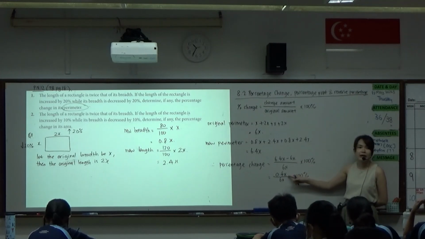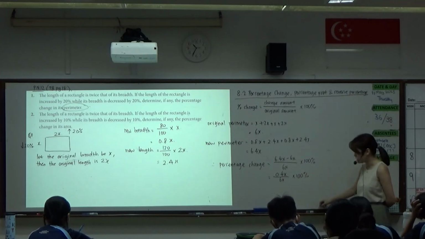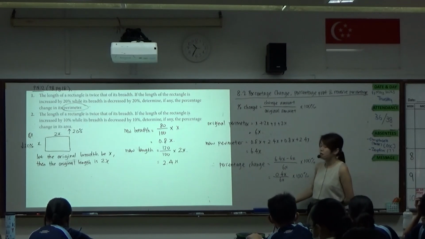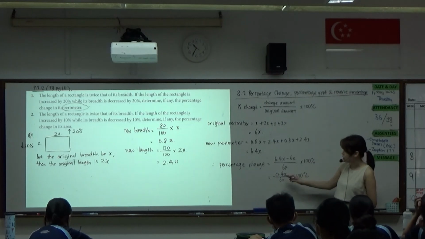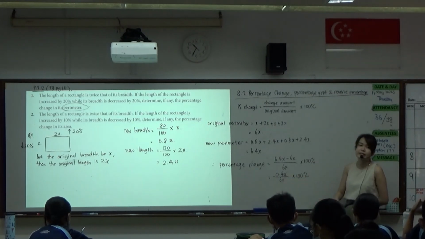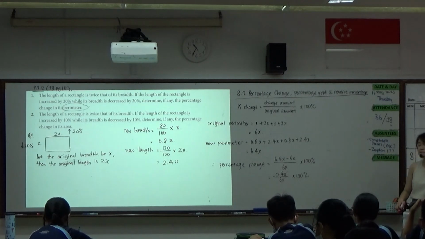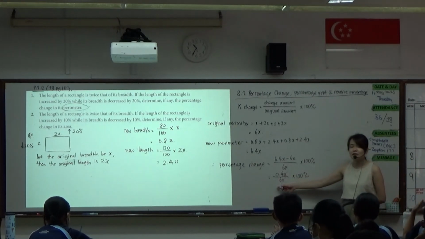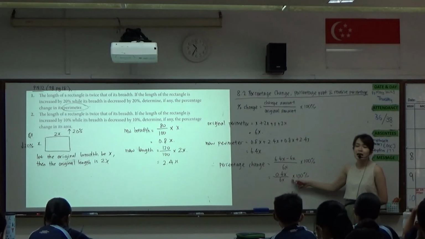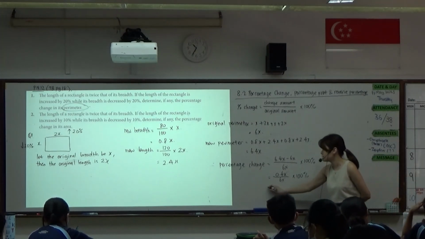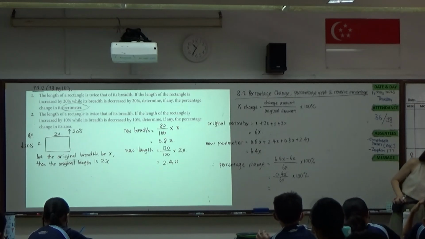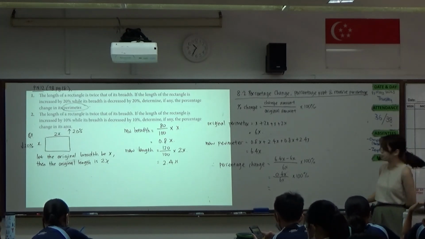We get 0.4x, and we know how to simplify fractions. I can divide by x on the numerator and denominator, so I can cancel out the x. Then I will completely have numbers only: 0.4 over 6 times 100. That will be what I'll press in the calculator. And hence, we will get the value of 6 2/3%.